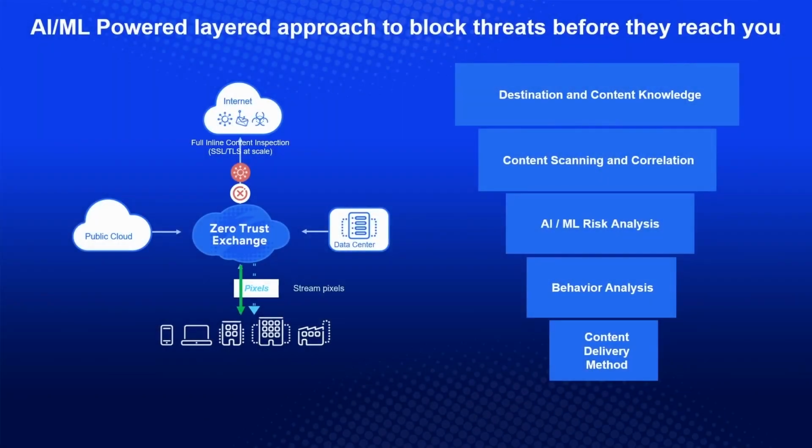That URL's marked bad, the IPS signature might get updated, et cetera. So all that works together to keep you safe. And then that last line is on the content delivery method, where you can use browser isolation, where anytime the risk is elevated, you can make sure to only deliver pixels and not deliver that content.